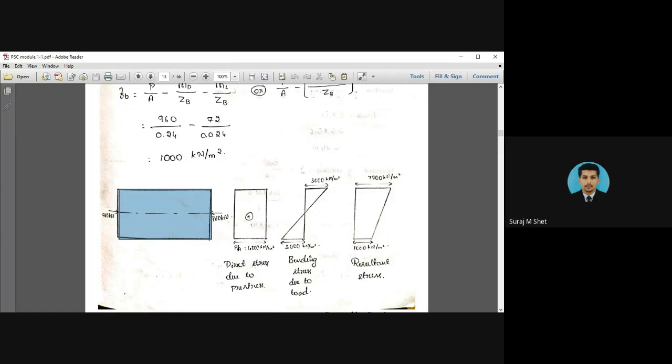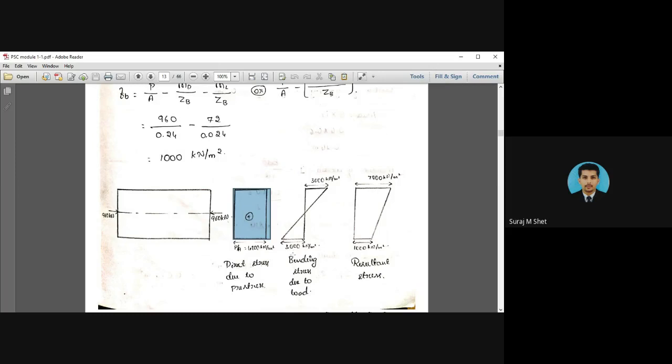So this is direct stress. Direct stress is nothing but P by A, force divided by area. Direct stress means the load acting on the concrete divided by that area.